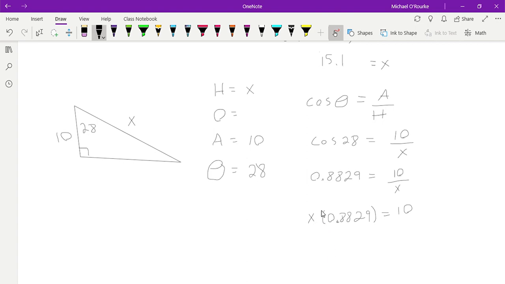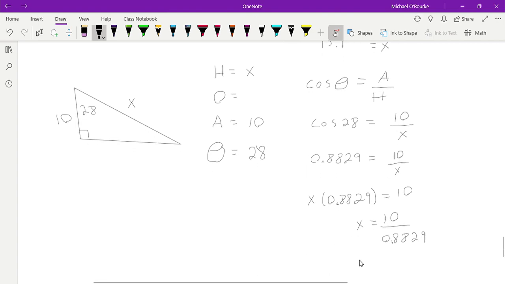That equals 10, not the final answer, but that's 10. Now I need to move this 0.8829 to the other side. It's a multiply on this side, so what does it become on the other side? Division. Very good, Dominic. Divided by 0.8829, and then just plug that in your calculator.